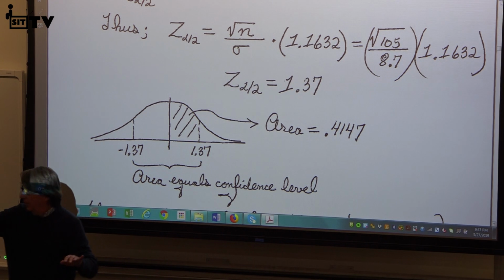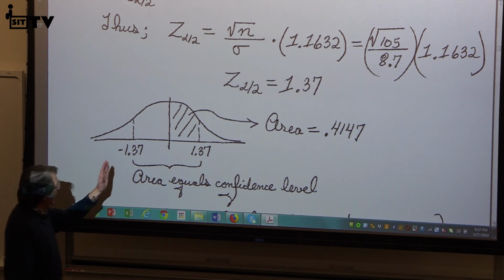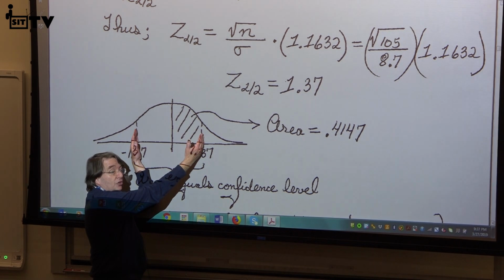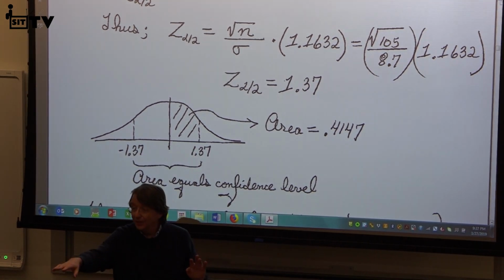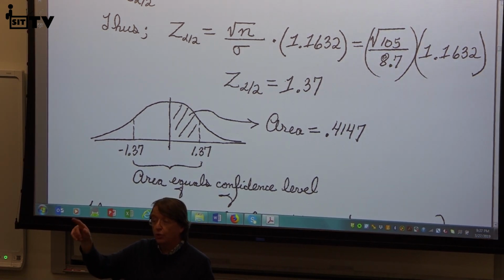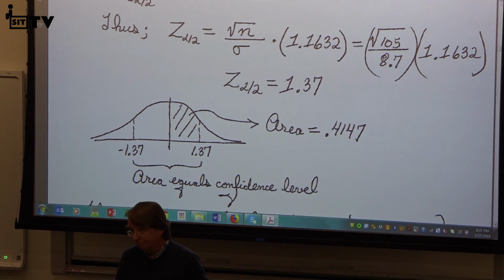For example, suppose we had to be 98% confident. That would mean the area from here to here has to be 0.98. So the area under the tails is 0.02. We would call that z sub alpha over 2, 0.02 over 2. We're getting a single-sided area of the tail.